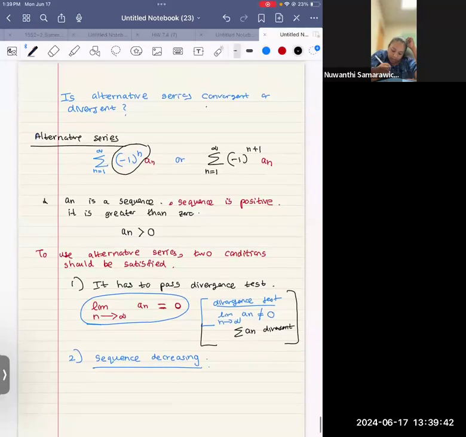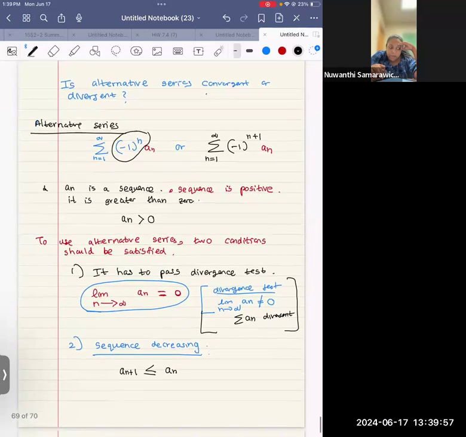The next term should always be less than or equal to the previous one. So this is called the decreasing sequence part. So we need to show these two conditions to use the alternating series test. Okay, so let's do an example.